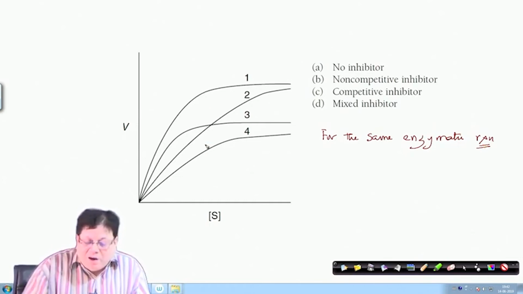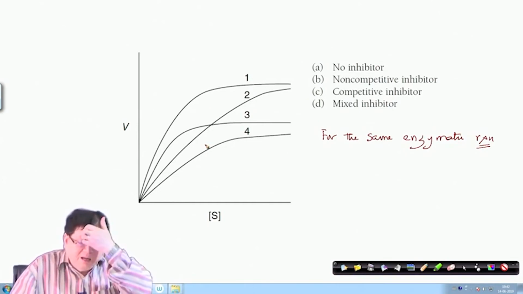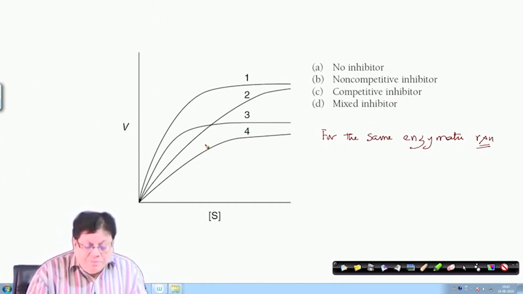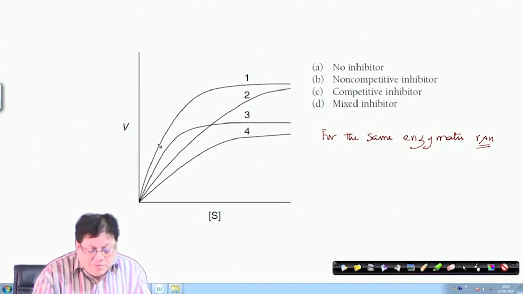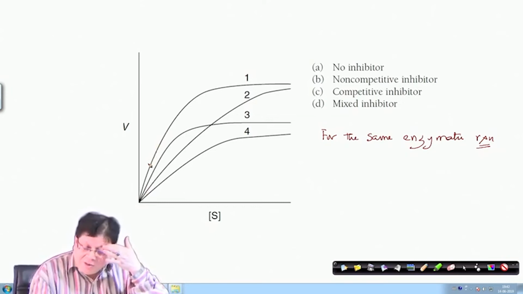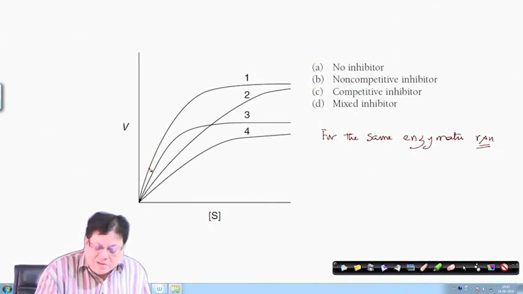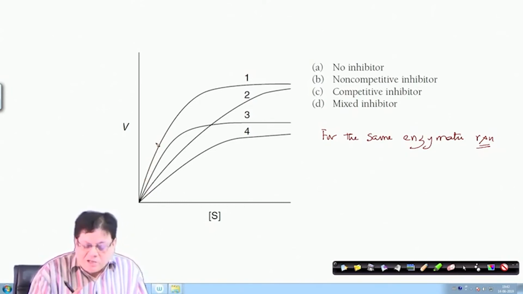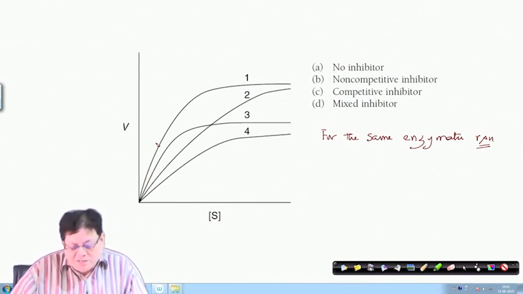out of these 4 curves, what you are seeing is the initial velocity, when the substrate concentration is low, this curve has the highest velocity, because this is the fastest growing. This has got the highest gradient. So, that means this curve represents the highest values of the velocities.